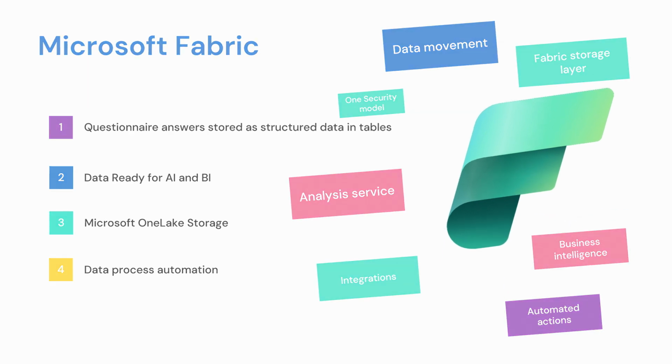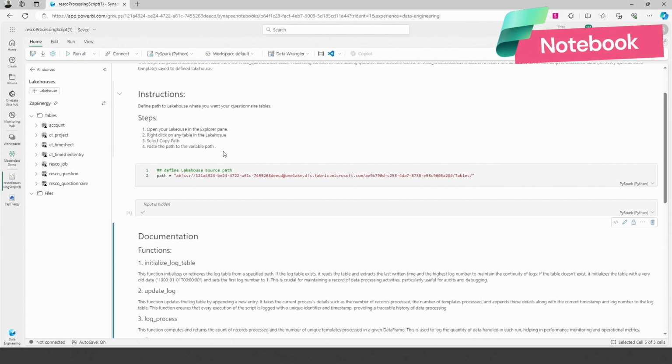All right, now let's see a bit how this actually works. So this is an example of the data processing notebook, which we have prepared at Resco and which works with the inspections data.